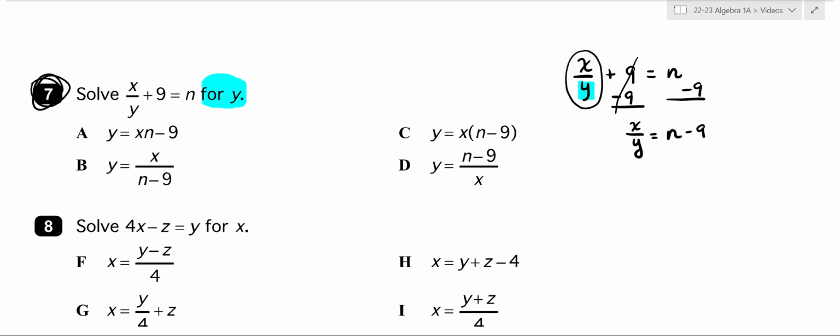All right, so we have y in the denominator. And we need to move it to the, I guess, we need to not have it in the denominator. So we're going to multiply both sides by y. Okay. But when you do this, you have to be very careful that you're treating this as a quantity.